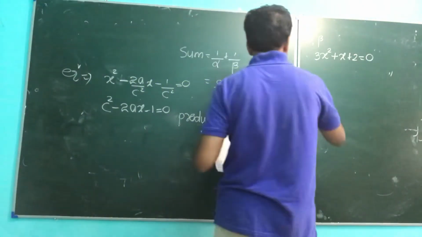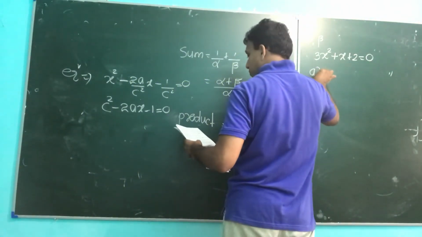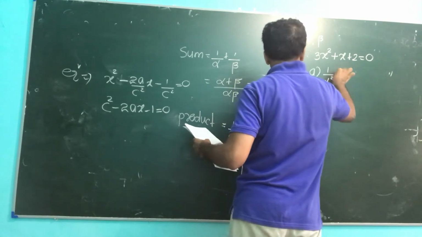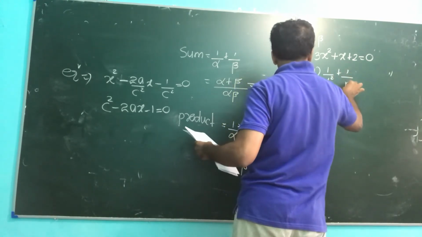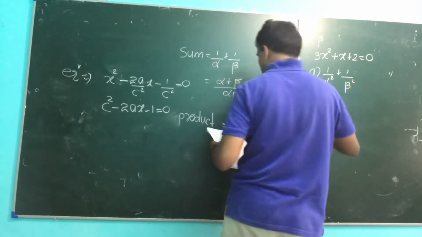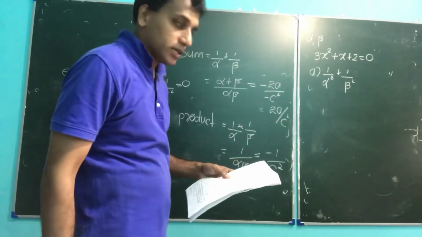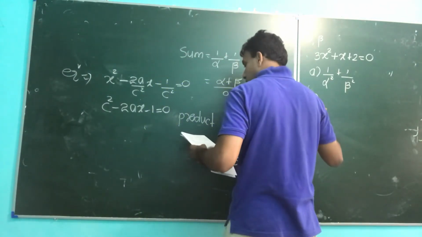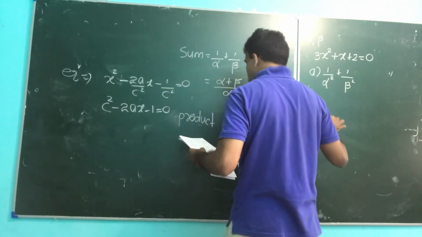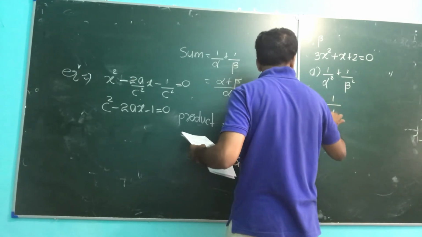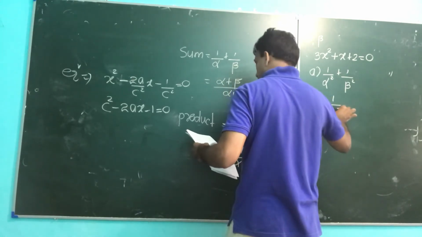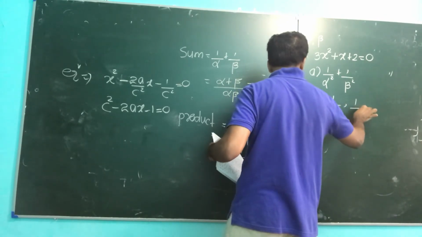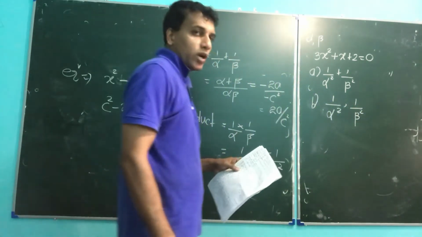Then find the answer. Evaluate first part: 1 over alpha squared plus 1 over beta squared. Second part, find an equation whose roots are 1 over alpha squared and 1 over beta squared.